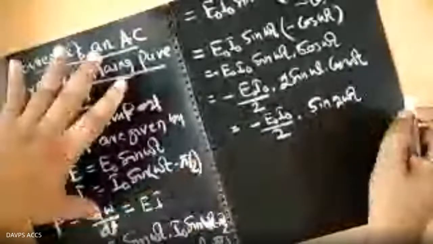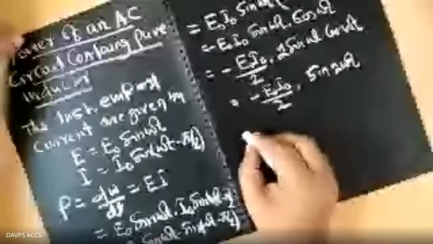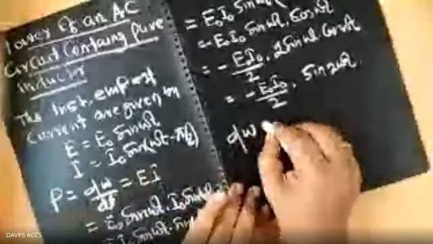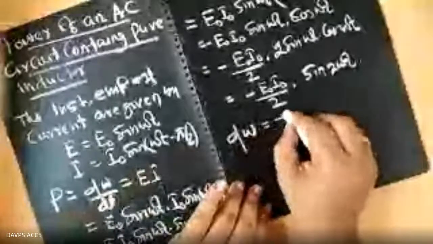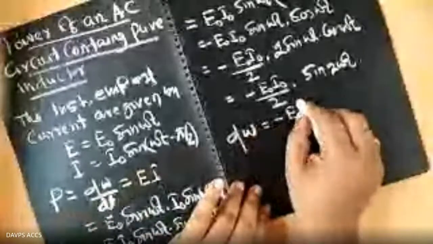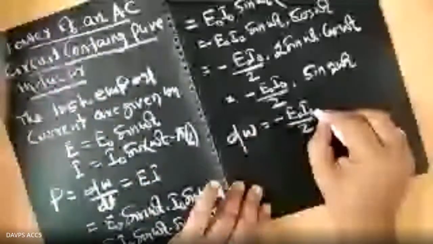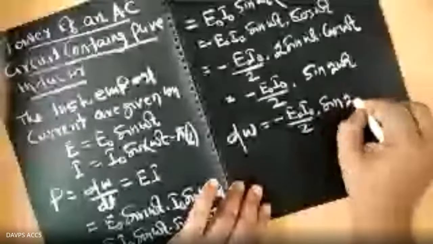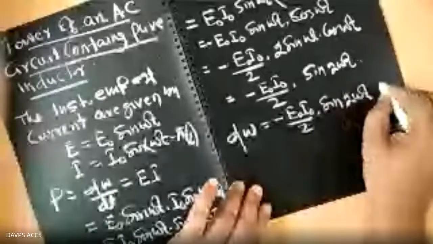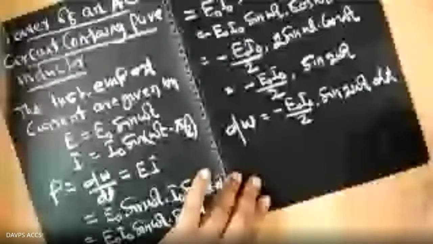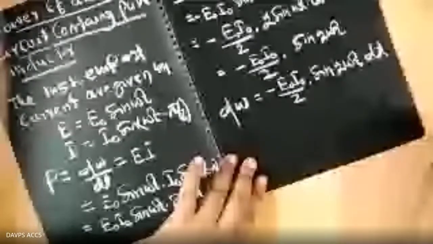So what will be the dW? So dW equal to, dt will be coming to the right side. dW equal to minus E naught I naught by 2 into sine 2 omega t into dt. So what is the total work done over a complete cycle?